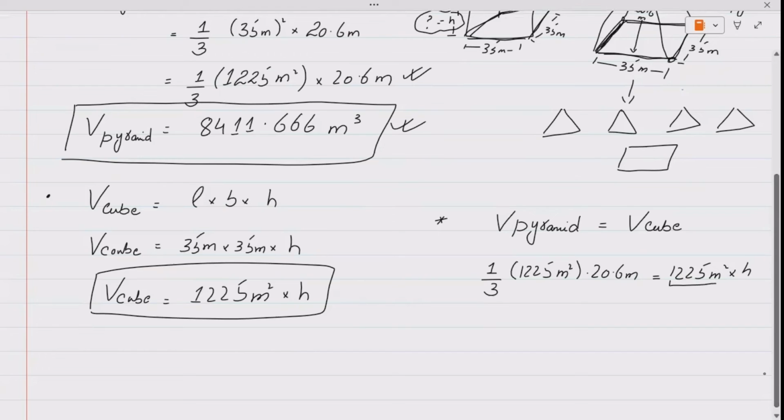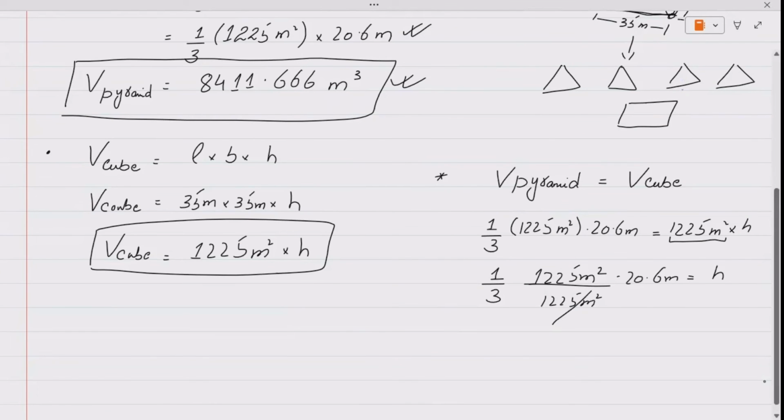So this 1225 meter square is multiplying here, so when it goes to the left hand side, it is divided by it. So 1 upon 3, 1225 meter square into 20.6 meter is equal to h, right? So meter square cancels with meter square, and 1225 cancels with 1225. The only thing we got is 1 upon 3 into 20.6 meter is equal to h.